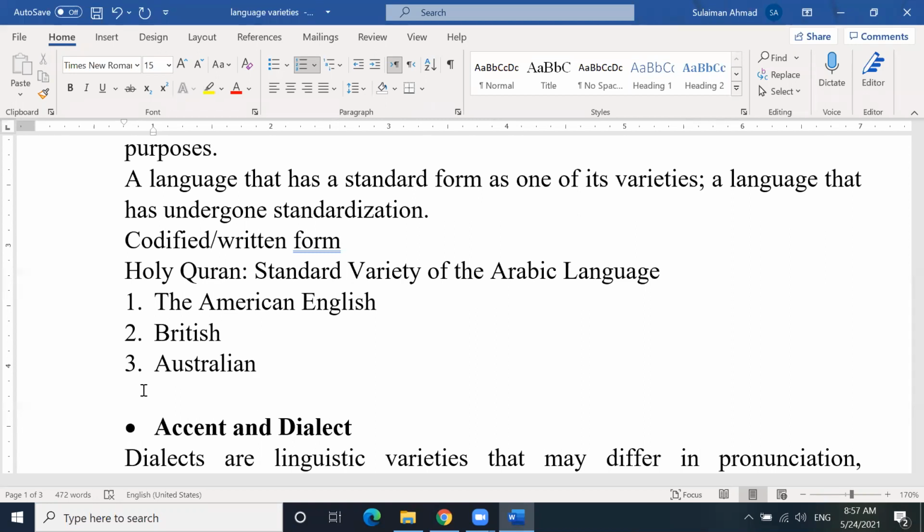Only the English which is spoken over there in the US, in Australia, in the UK, etc., is called the standard varieties of English, or you may say the standard dialects of English, right? Is this clear so far?